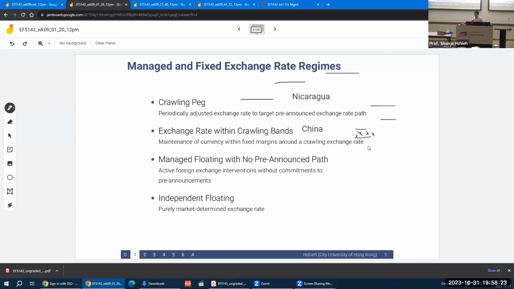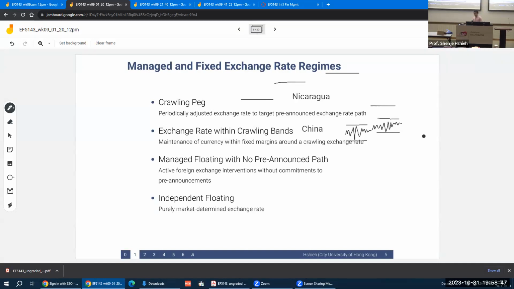Actually, maybe I won't draw X's, I'll draw lines. Okay. So imagine the currency value has volatility, but it's fluctuating within this band, but then the band is announced to be higher. Then it just fluctuates within that band and so forth. So it looks like it's organic, but in fact, there's a lot of maintenance around it.